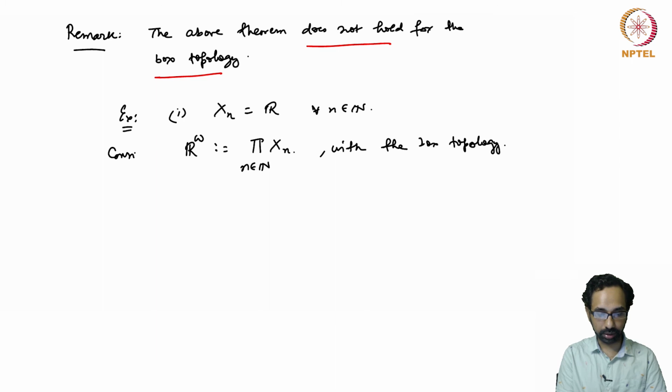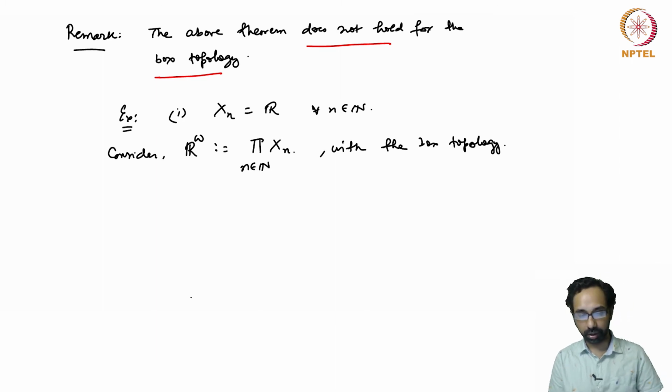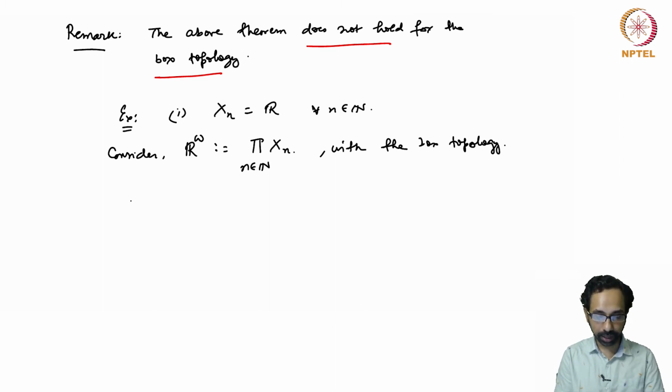So we consider this. So now any point x in R^omega is a sequence.